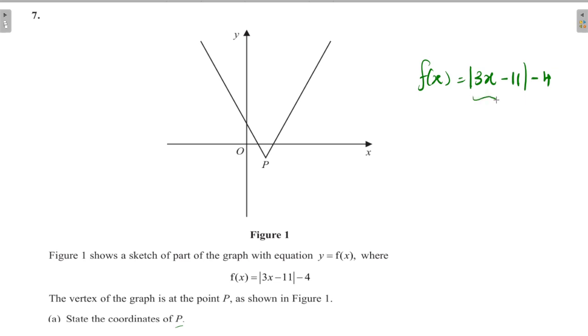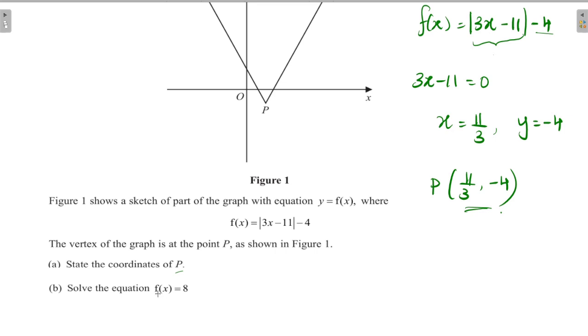The x coordinate is where the expression inside the modulus is zero, and the y coordinate is minus 4. So 3x minus 11 equal to 0 gives x equal to 11 by 3, which is the x coordinate, and the y coordinate is minus 4. So the required point P is (11 by 3, minus 4).